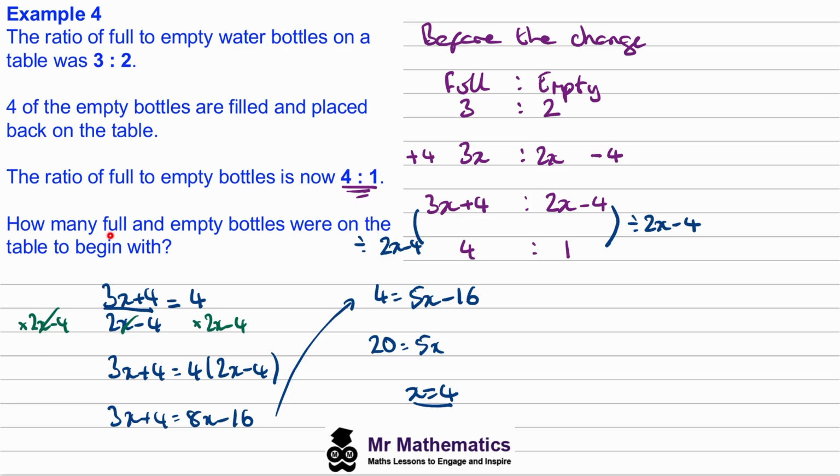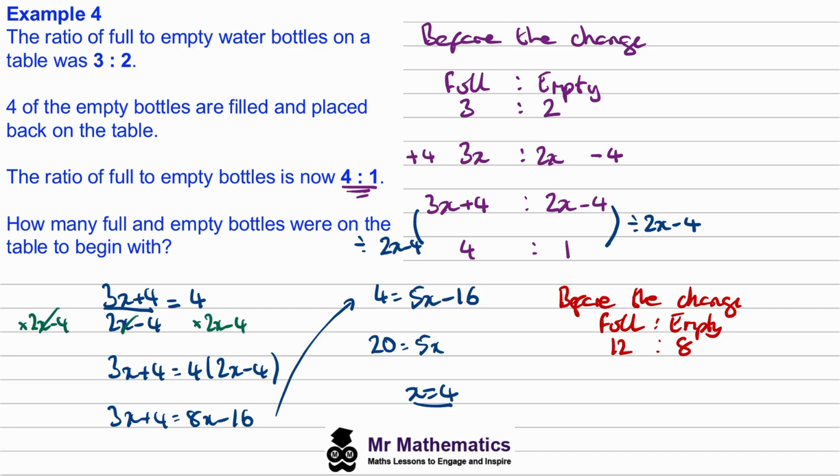And we want the number of full and empty bottles on the table to begin with. So we'll substitute this 4 back into here. So before the change, the ratio of full to empty will be 3 lots of 4 for the full and 2 lots of 4 for the empty, so 12 to 8. So in total, there were 20 bottles on the shelf to begin with.